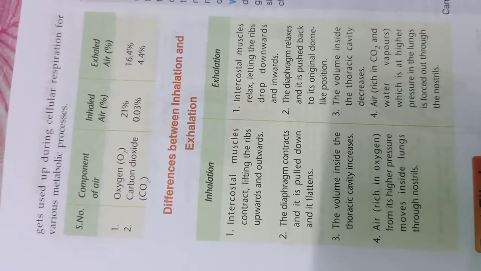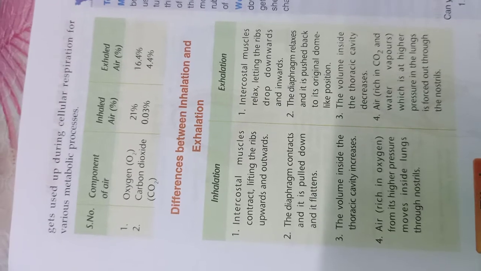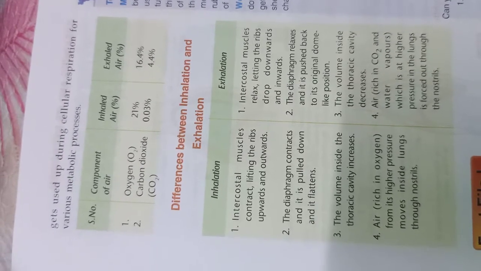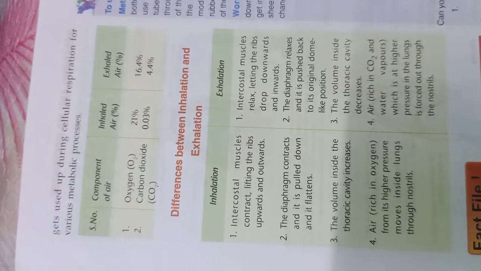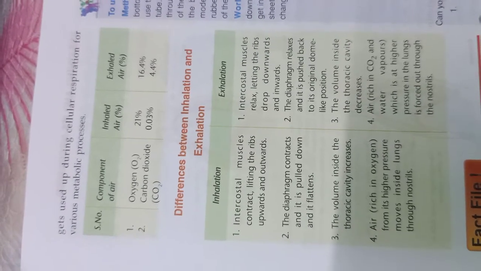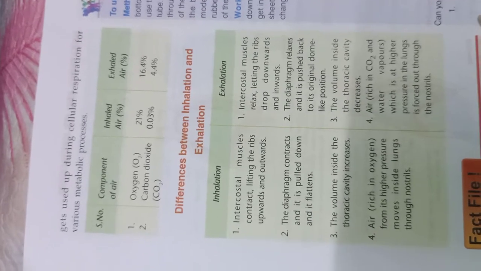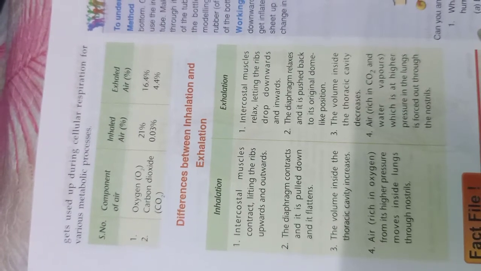Now inhalation means intercostal muscles contract, lifting the ribs upwards and outwards. Now while we breathe in, the intercostal muscles contract and they lift the ribs upward and outward. Now for exhalation, the intercostal muscles relax, letting the ribs drop downwards and inwards.